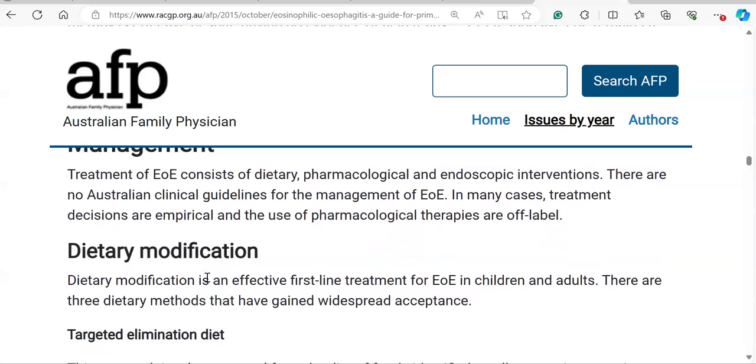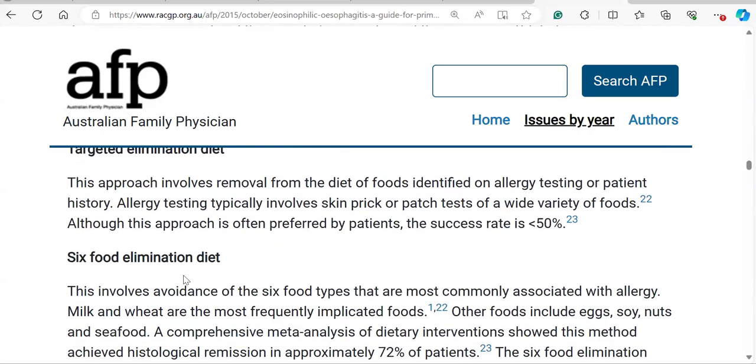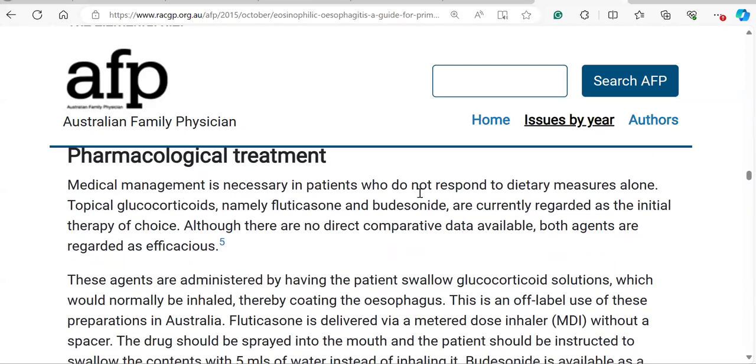So management. Dietary modification is an effective first-line treatment, which is the 6-food elimination diet. Pharmacological treatment is only needed in patients who do not respond to the dietary measures.